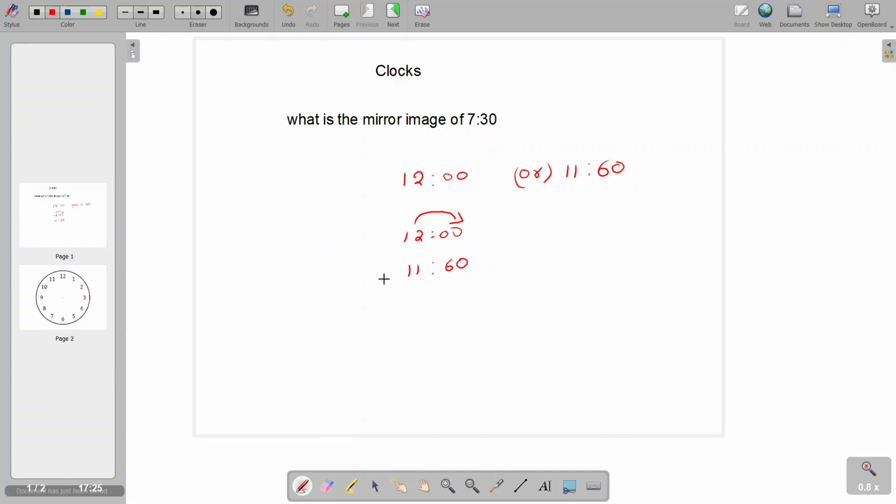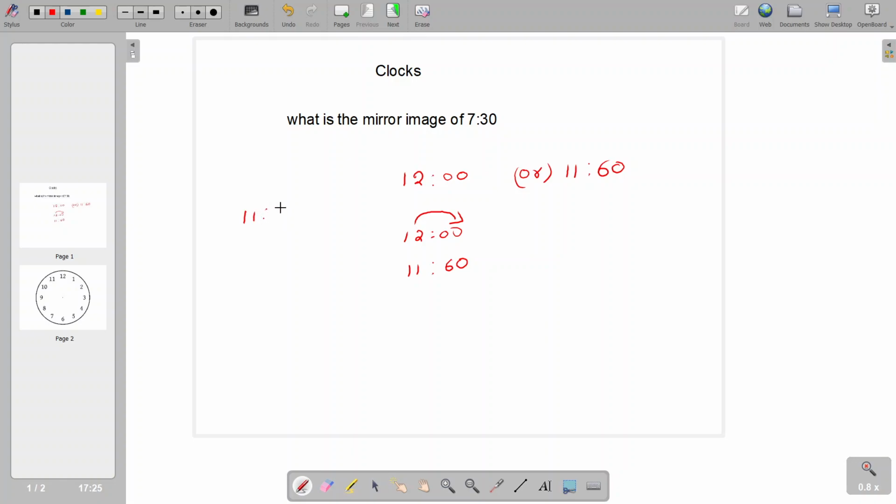Why? I will tell you two or three scenarios why we have to use only 11:60, not 12. I will explain with two examples. First we will find the mirror image of 7:30. For this, we need to subtract from 11:60.